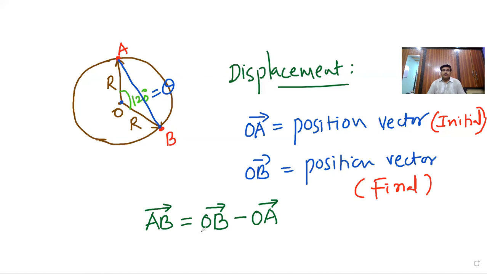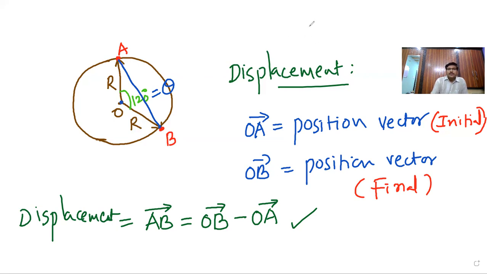That means the difference of the vectors OB bar and OA bar is nothing but the displacement, AB bar.